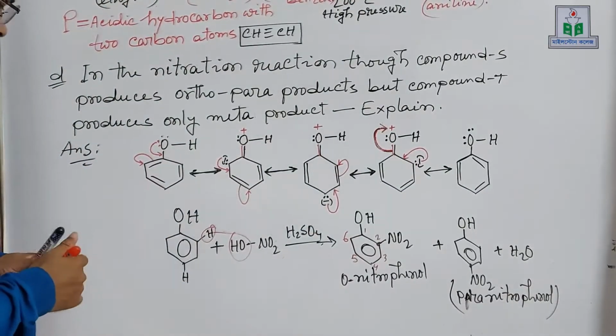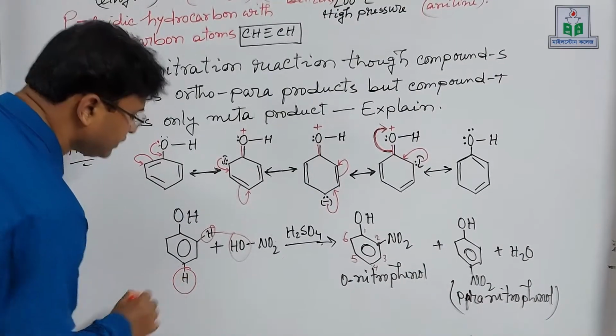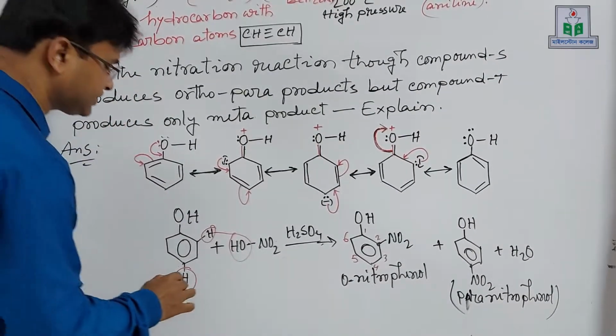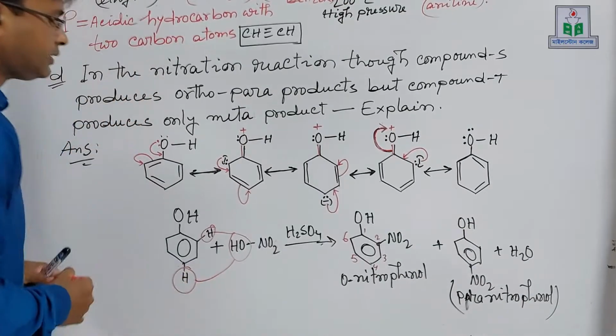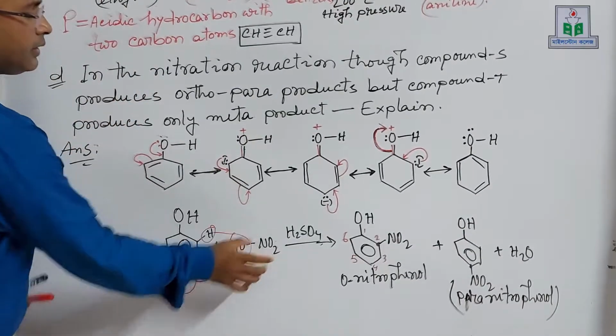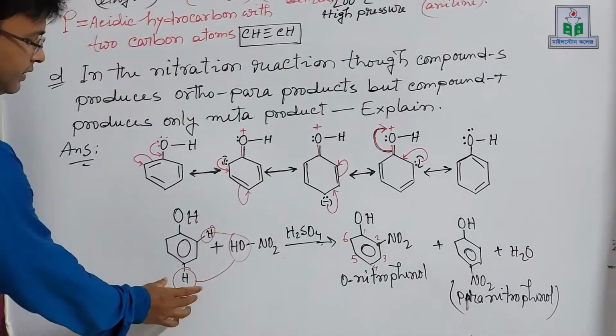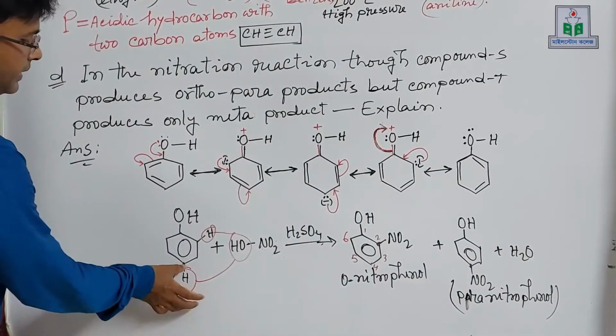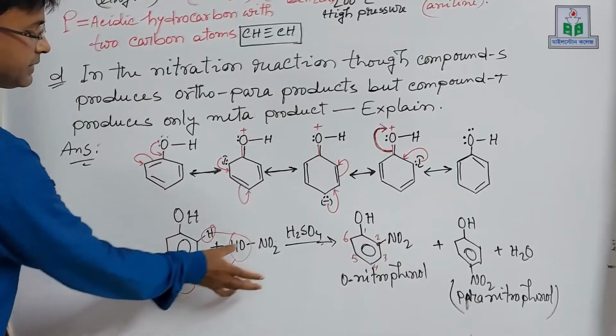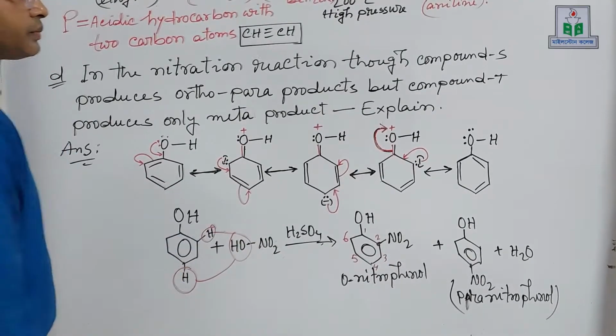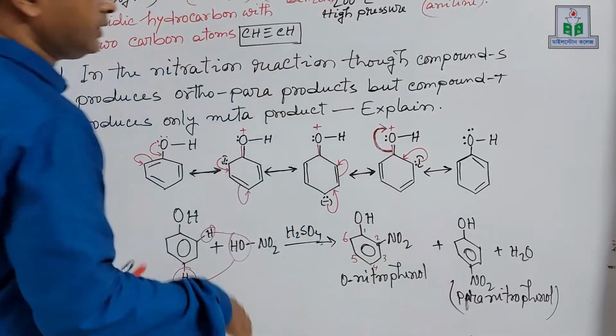And again, this hydrogen atom of the para position combines with the OH group of nitric acid to produce water, and the hydrogen of the para position of phenol is replaced by the nitro group to produce paranitrophenol.